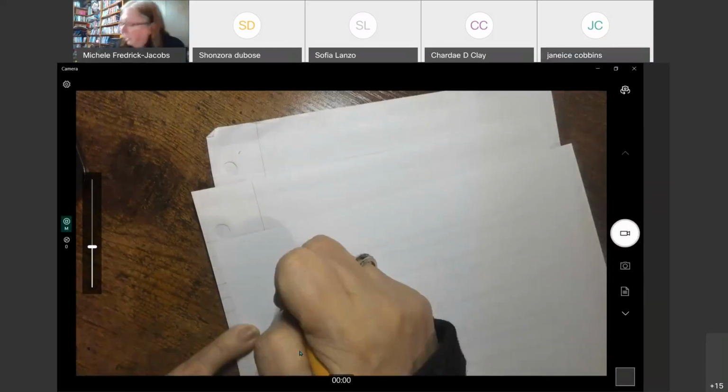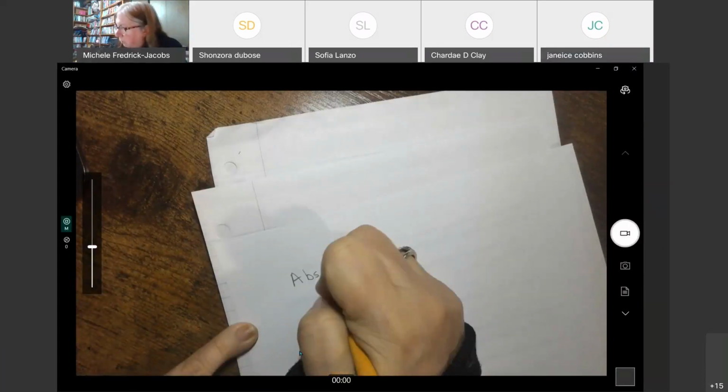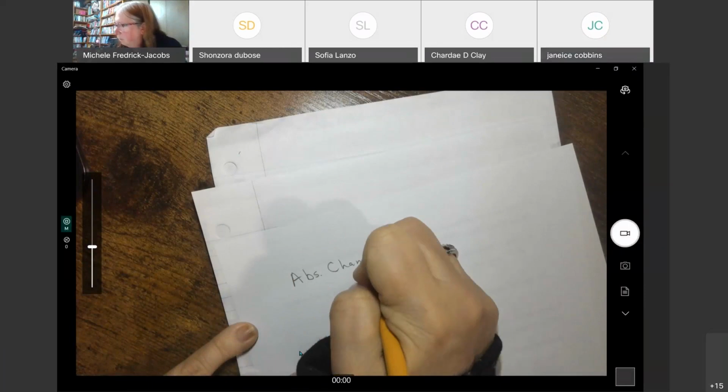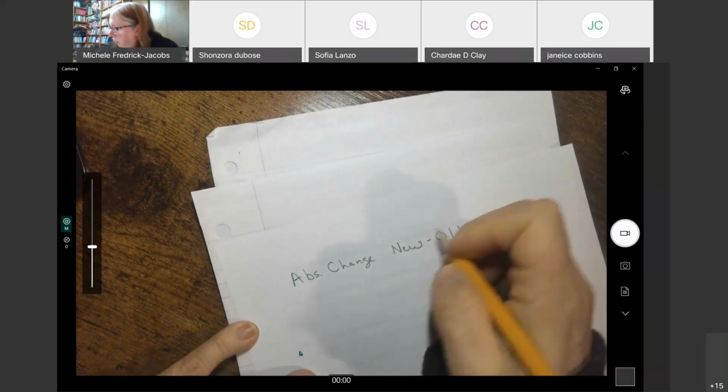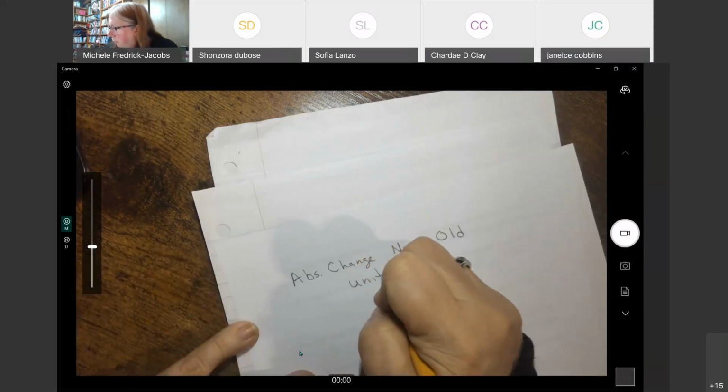So there's absolute change: new minus old. Units stay the same.